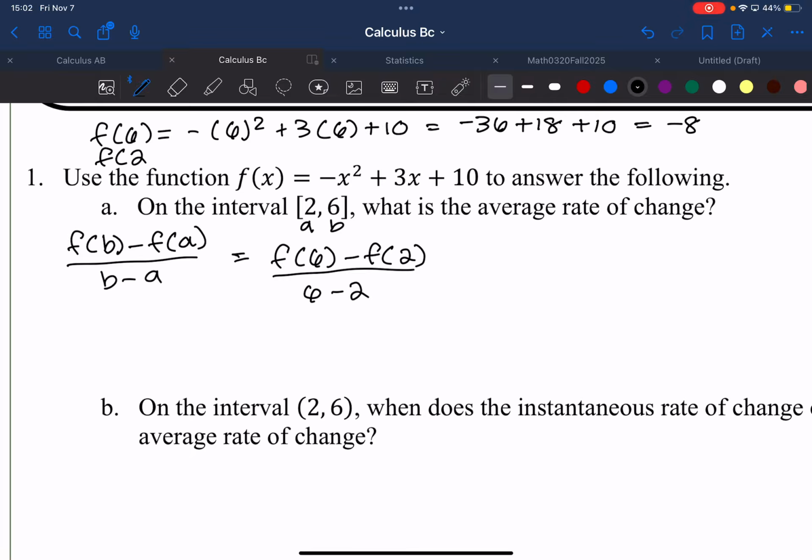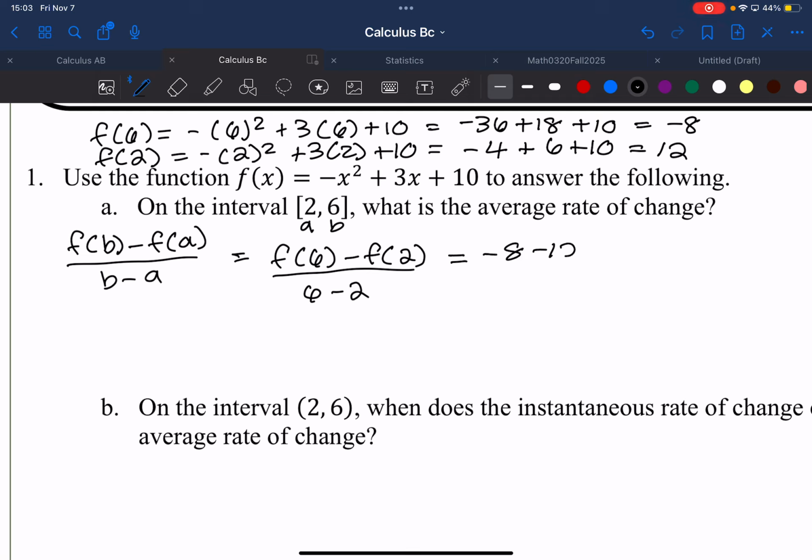Then f of 2 is equal to negative 2 squared plus 3 times 2 plus 10, which is negative 4 plus 6 plus 10, which is 12. So then I have negative 8 minus 12 over 6 minus 2, and that gives me negative 20 over 4, which is negative 5. So again, this is the average rate of change.